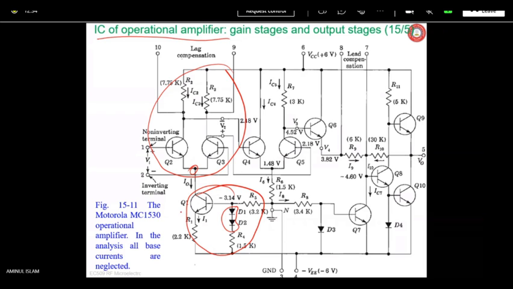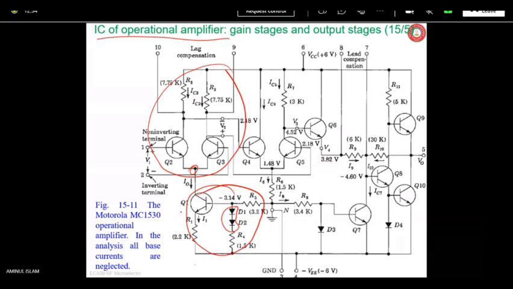Is it understood, Pratham? Pratham is not there. Aman? Yes, sir, understood. It's just potential difference divided by the resistance. Simple calculation.